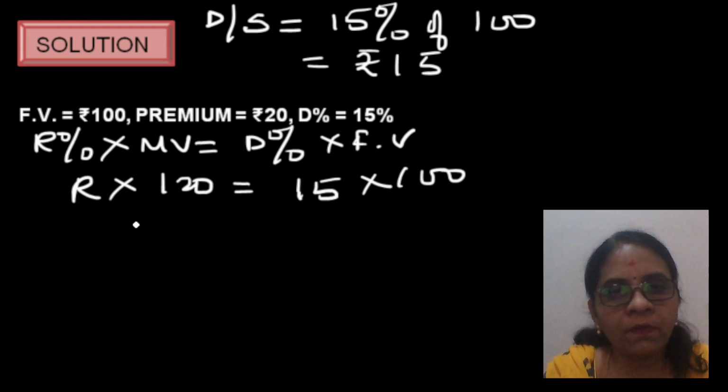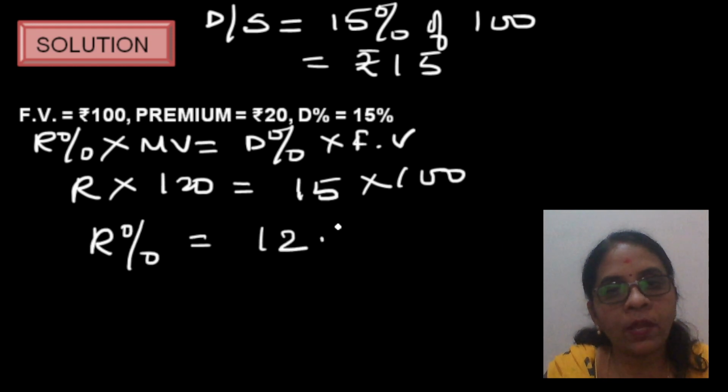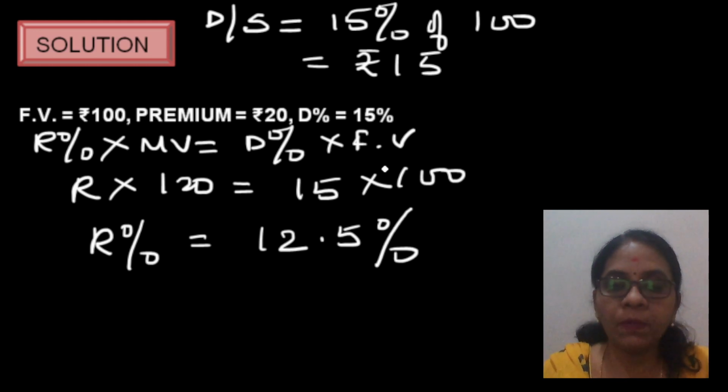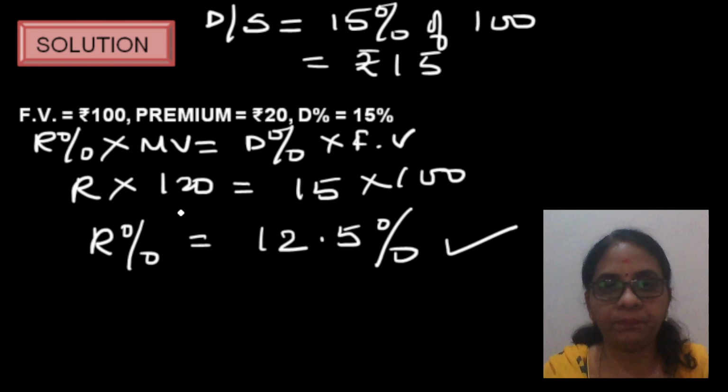So it is 150 by 12, which makes R percent is equal to 12.5%. Only one important point to remember here is that you will not write percent only to one side. So keep it in your mind, let us not write percent at all. You will get the right answer and you will get all your marks if you adopt this method.